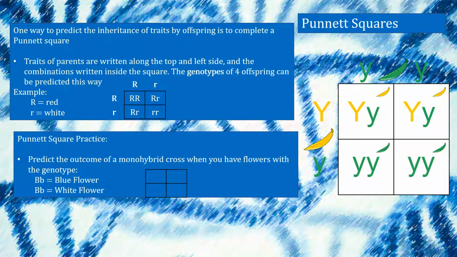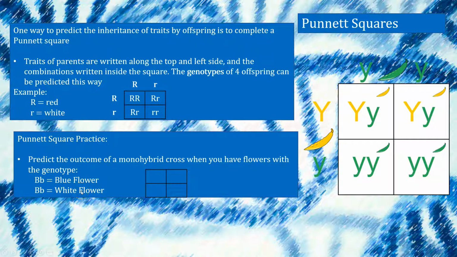What I want you to do, somewhere in your handbook, in the appropriate section, is take this combination here. This uppercase B, lowercase b would represent a blue flower, and this should be 2 lowercase b's representing a white flower.